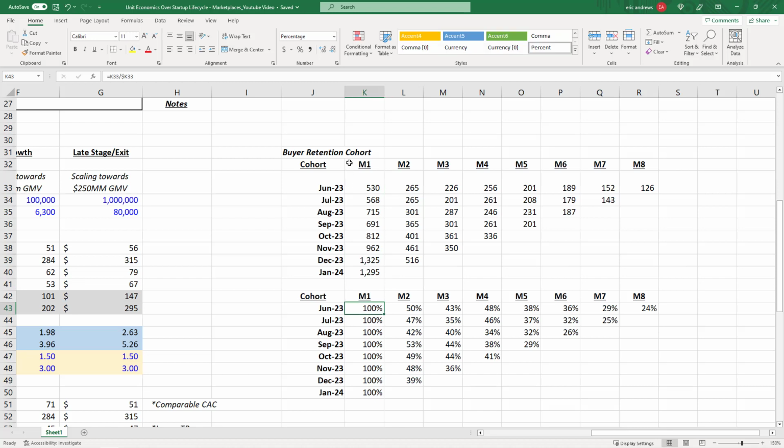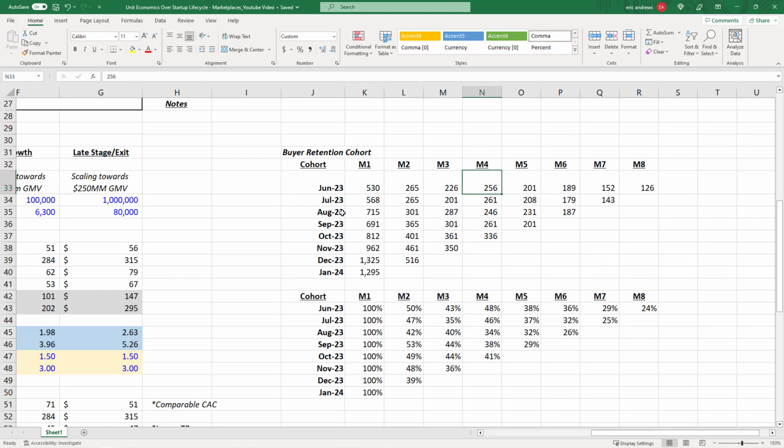So if this is the 530 here, 50% of the 530 people actually returned in the second month. 1 month later, so June, July, August, 226 people returned of the original 530. So you look, actually 43% of the people in month 3 of their lifetime of the original 100% are actually still buying. In month 4, 256, so 48% of the 530 are still buying.